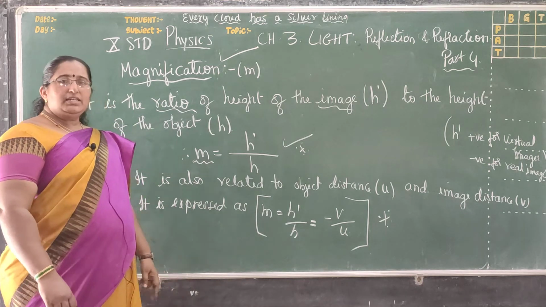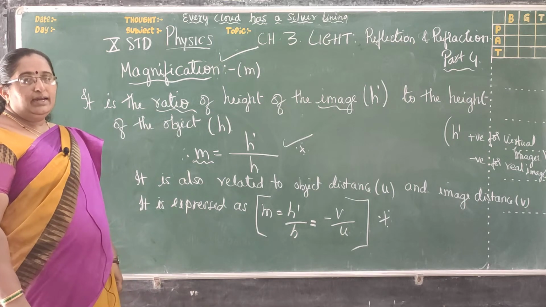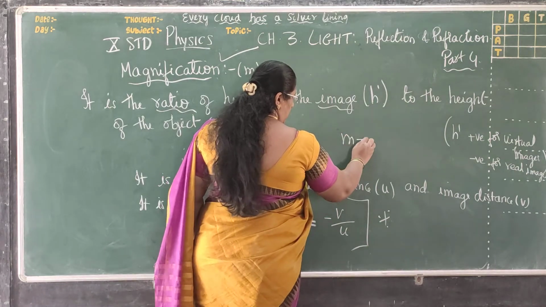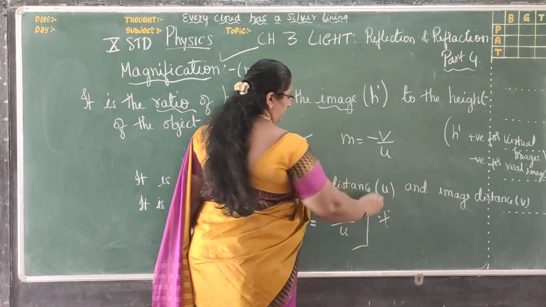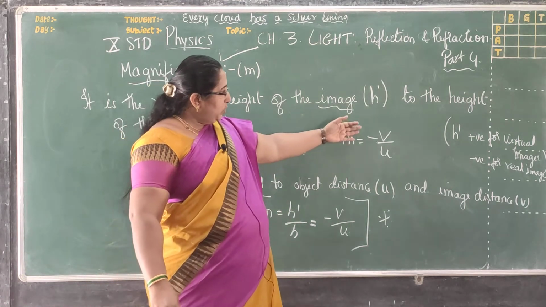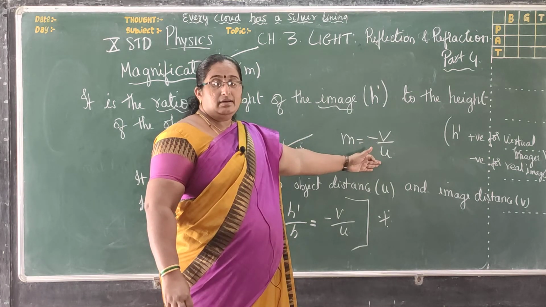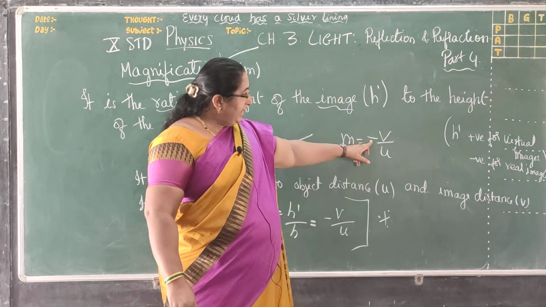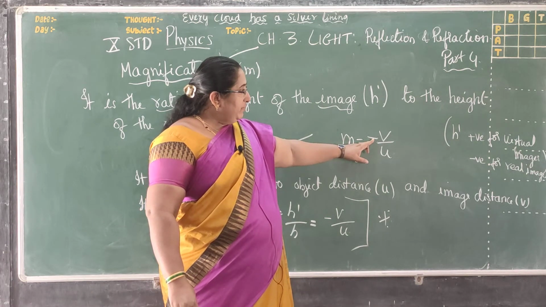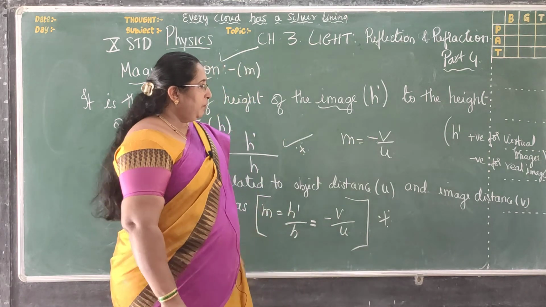And magnification is also related to the object distance and image distance. So m is equal to minus v by u, where it is the negative of the image distance to the object distance. The negative sign indicates that the image is a real image. A real image will have a negative sign and a virtual image will have a positive sign.